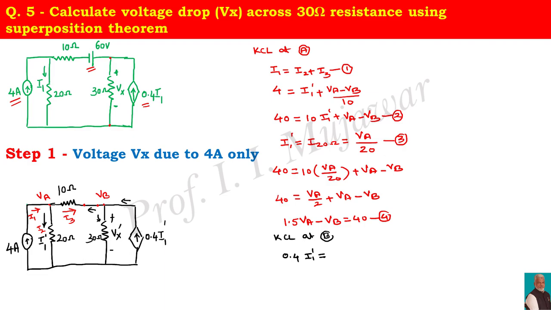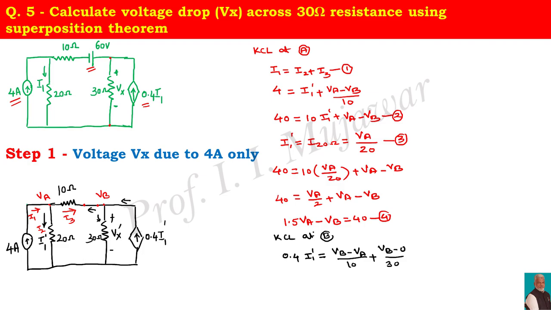So current through 10 is, for a direction leaving current, VB minus VA by 10 plus this current is VB minus 0 by 30.